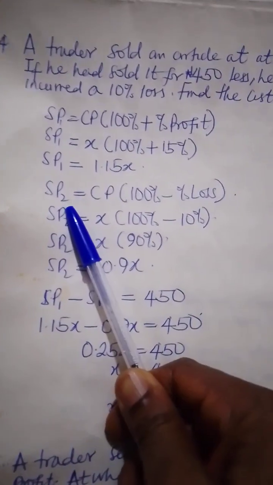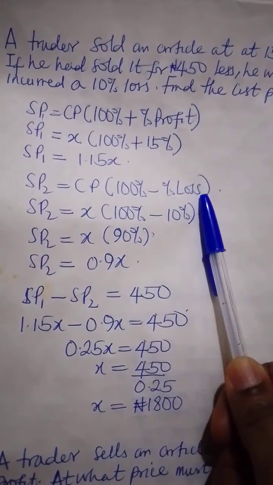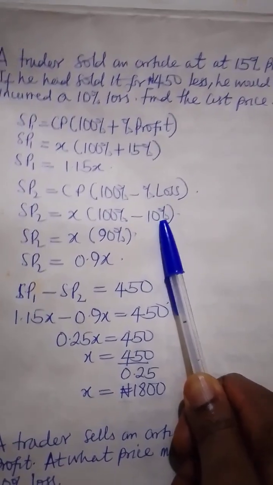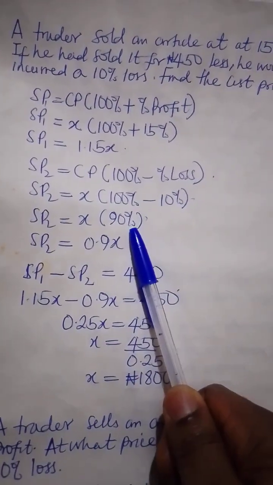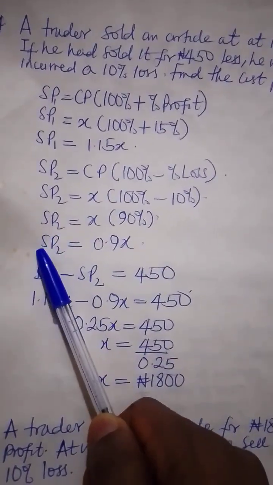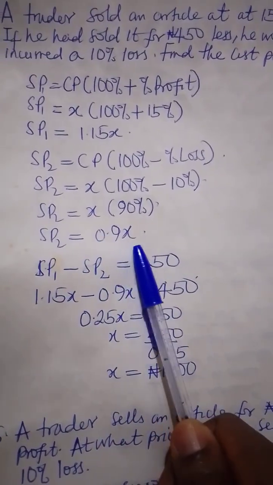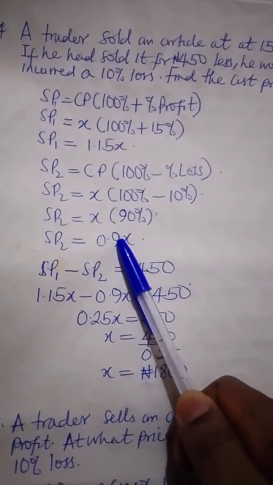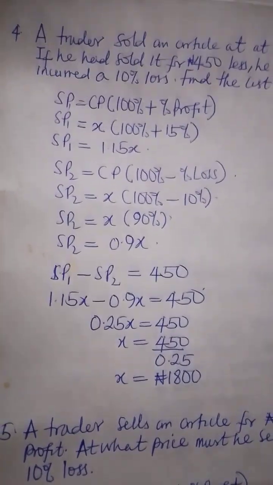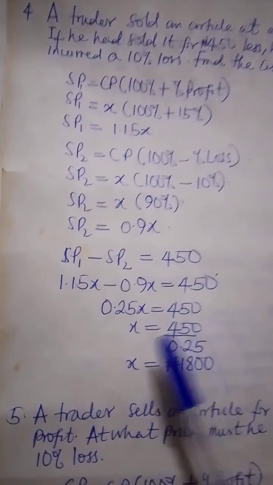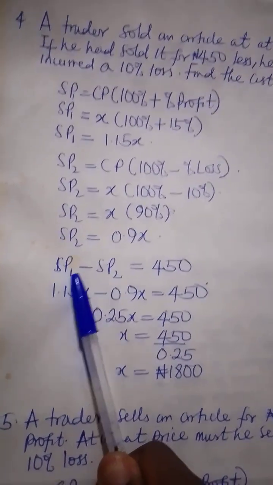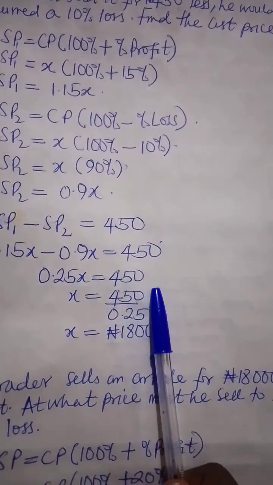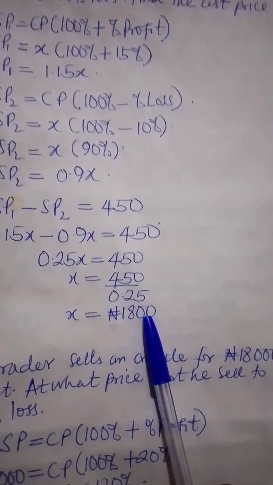So our SP this time around is CP, 100% minus percentage loss. Don't forget, the loss is 10%. So by the time you resolve this, you're going to get 90% of x, which is 0.9x. So the SP2 is 0.9x. By the time we subtract, because it's less, so we'll be subtracting 2 from 1. The other one was more, so we subtracted 1 from 2. So SP1 minus SP2 will give us 450, and then eventually 0.25x is 450, x eventually is 1,800.